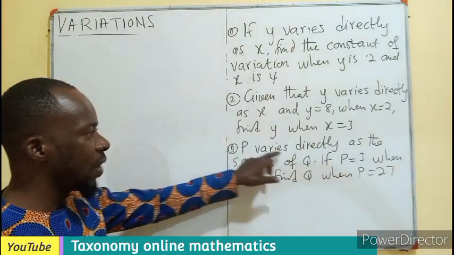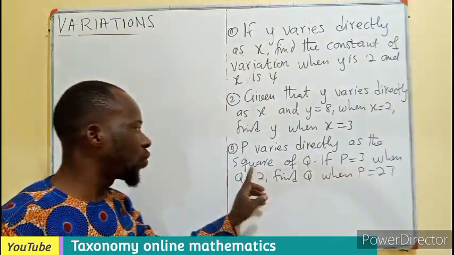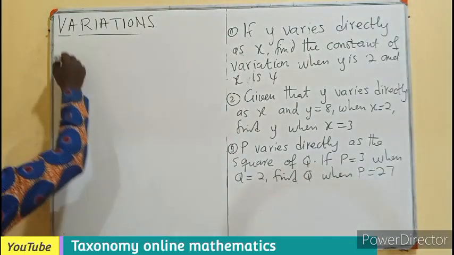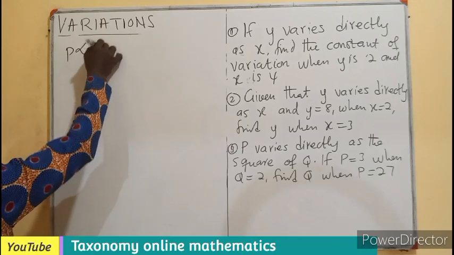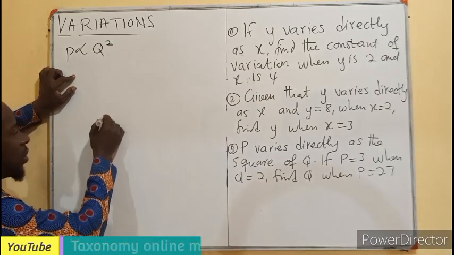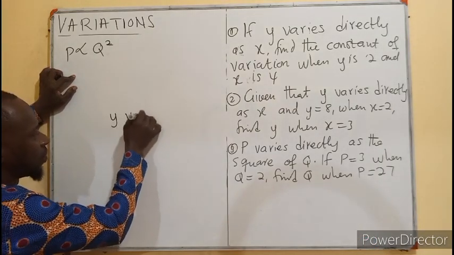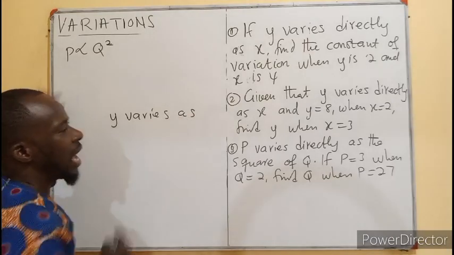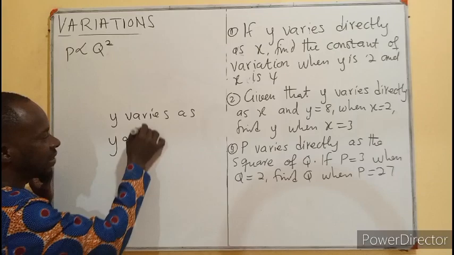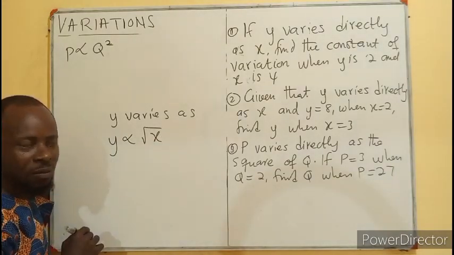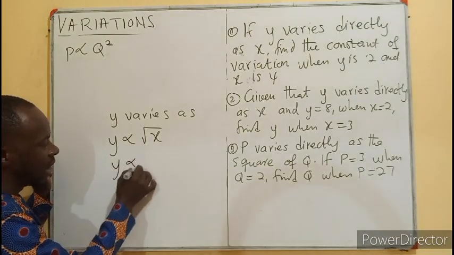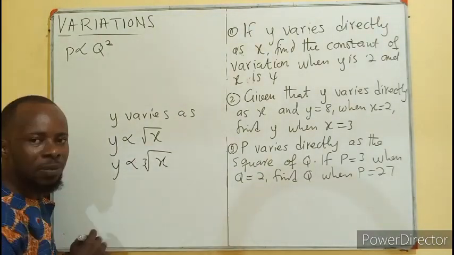Question 3. P varies directly as the square of what? Q. So this is going to be our P varying as the square. When we say y varies as the square root of x, meaning y will be varying as the square root of x. If y varies as the cube root of x, y will vary as the cube root of x.